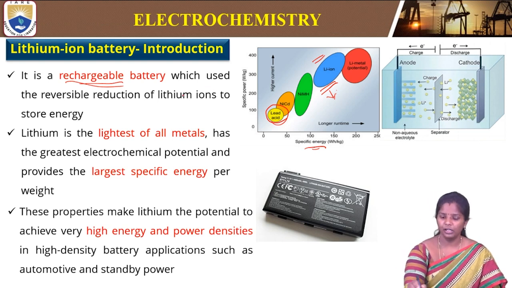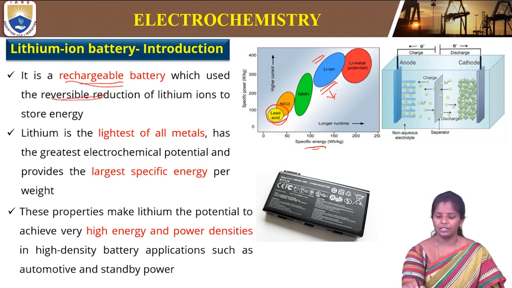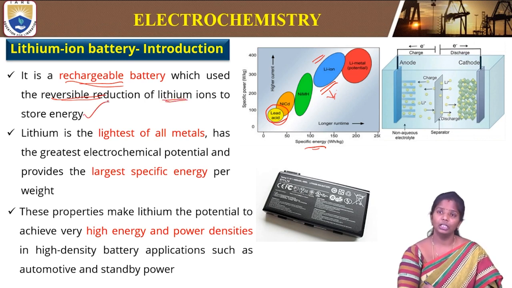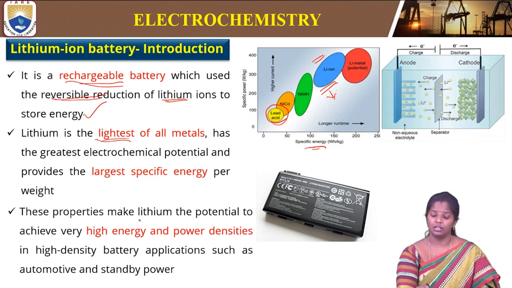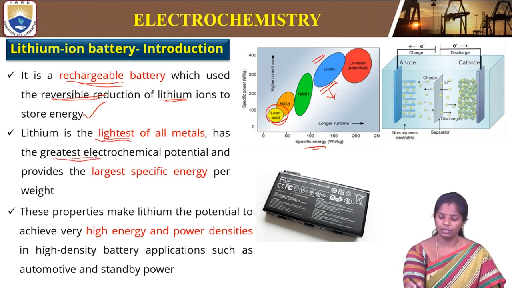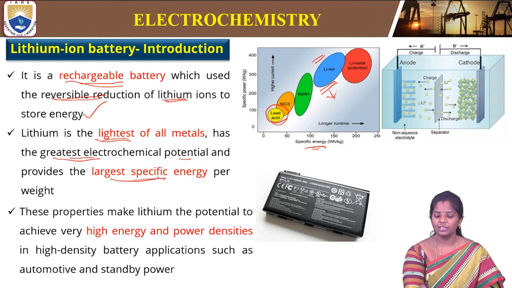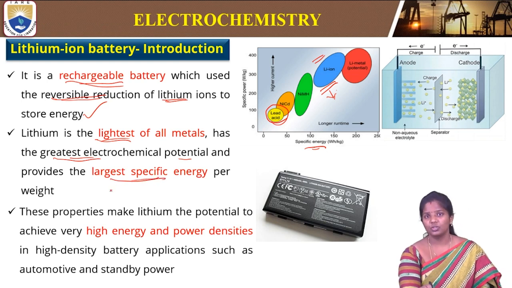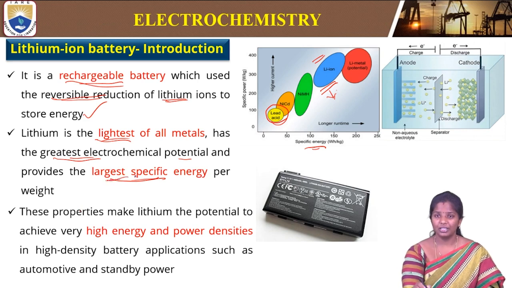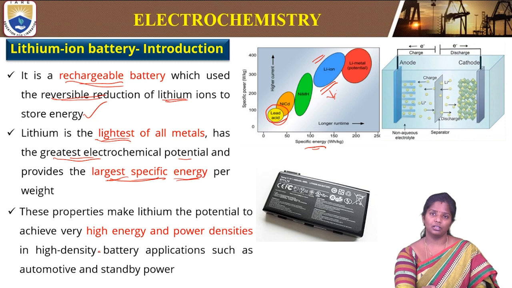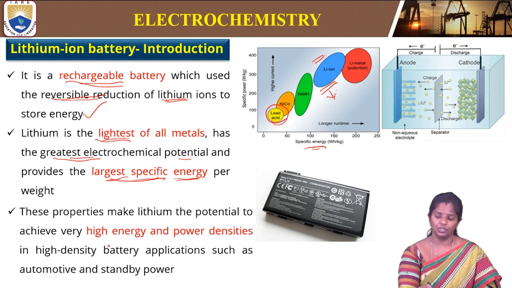So with lithium ions, the reversible reductions of these lithium ions will help in storing the energy. As we know, lithium is the lightest of all metals, so it has greater electrochemical potential and provides high specific energy per weight. It can occupy less space and also has high specific energy that can be used for wide applications.